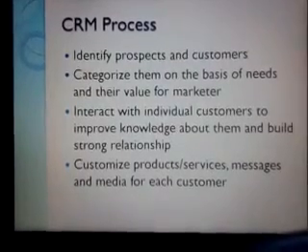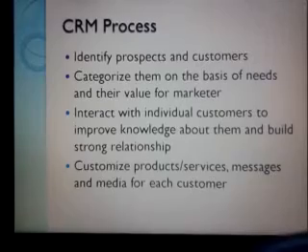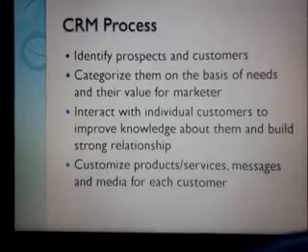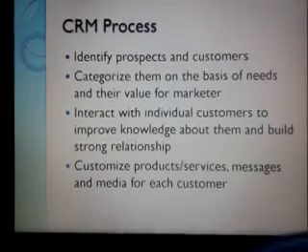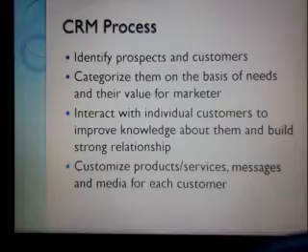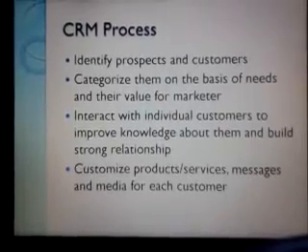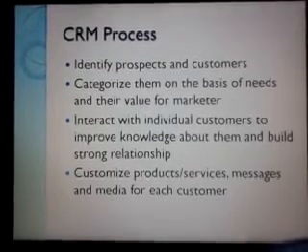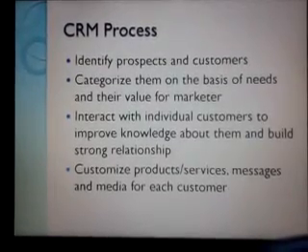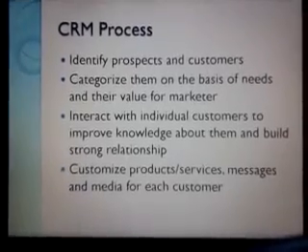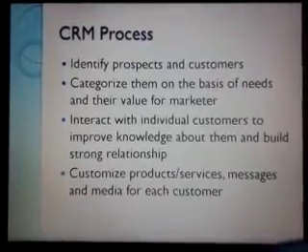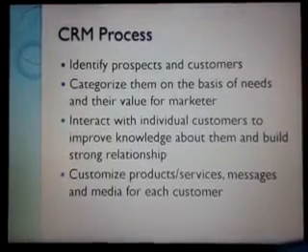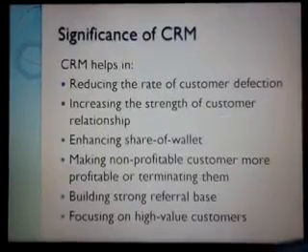As I have discussed, when the marketer has information about who are prospects and who are customers, the marketer may further interact with those customers individually to have more information about them, and that interaction should also focus on building strong relationships. Then, customize products, services, messages and media for each customer. Now the marketer has more information about customers, so the products, services, messages and media can be customized according to each individual customer's needs.